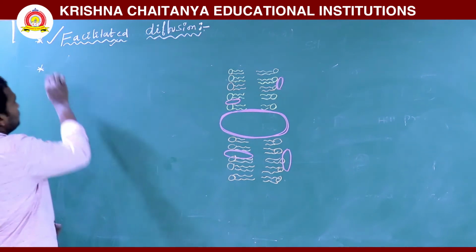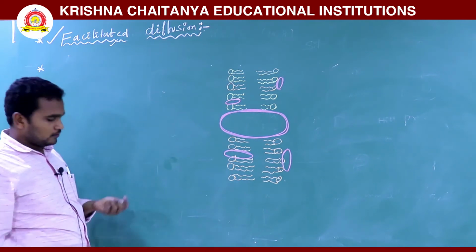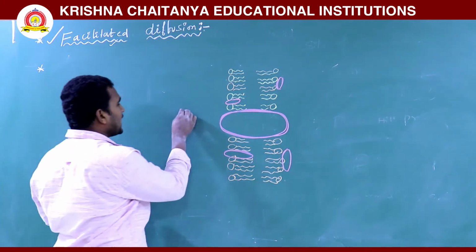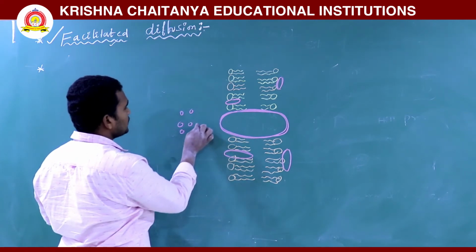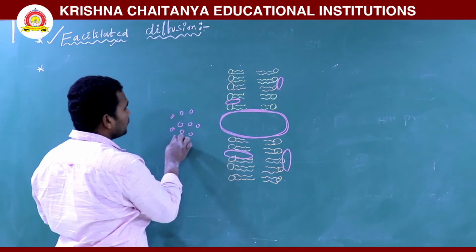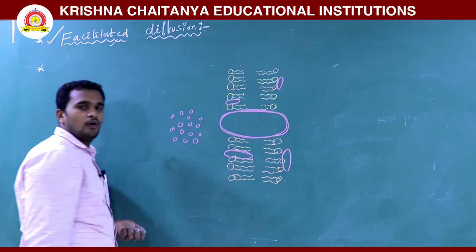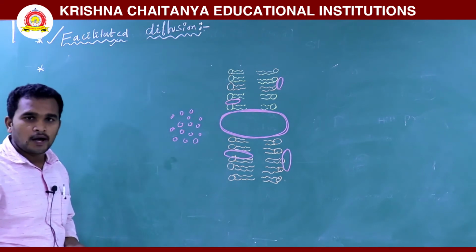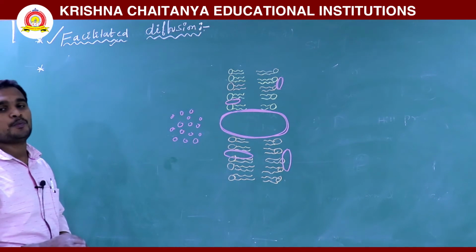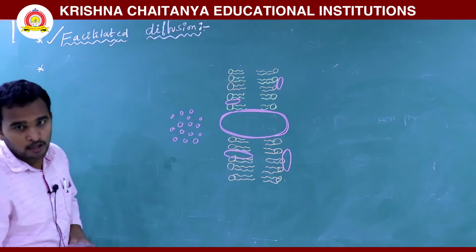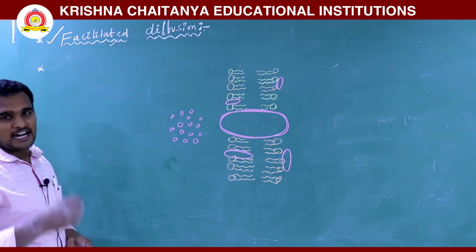See here, first, it is a downhill process. The concentration gradient is already present; we do not set it up. The molecules move from high concentration to low concentration through the transporter proteins, which means protein channels.